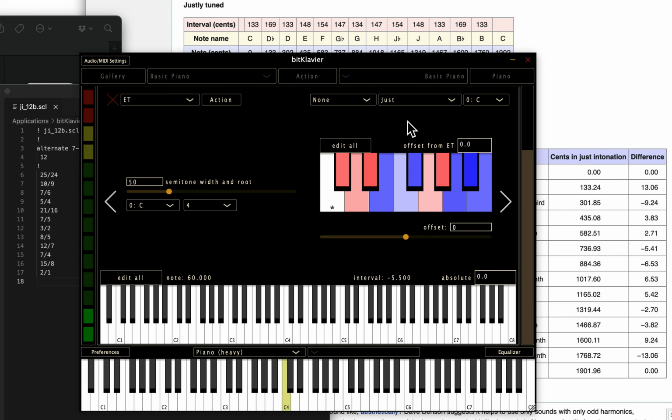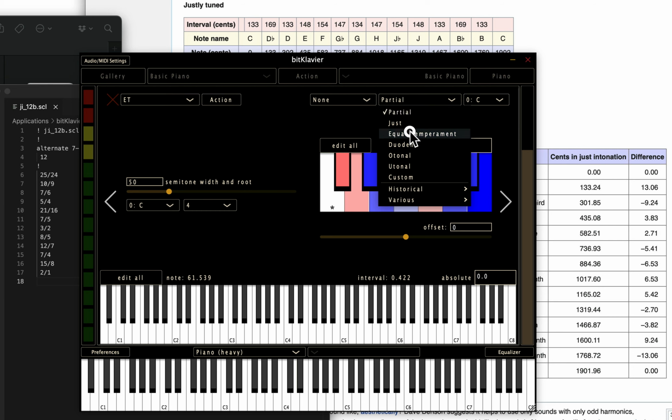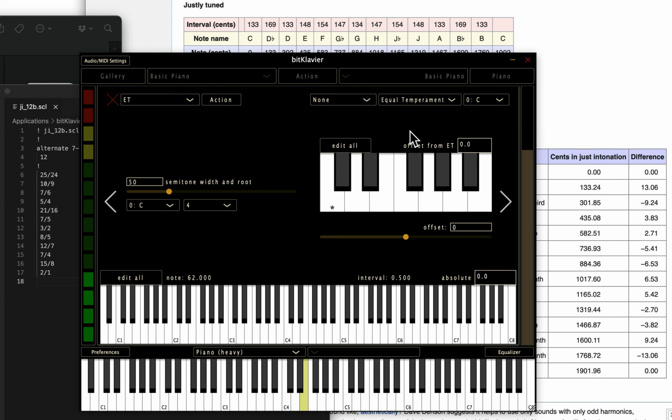These values, actually let me step back to this for a second. If you monitor these values when I play a chromatic scale, oops, sorry, I did this wrong. Go back to equal temperament. Right, you see that they're all integers or 0.5 because they're quarter tones.